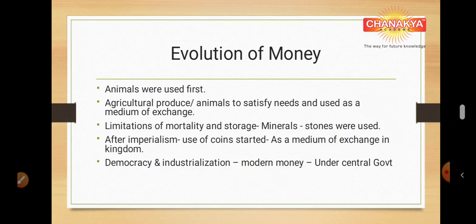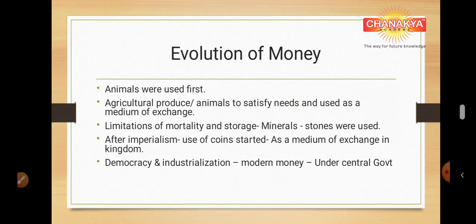So we cannot store these animals for a longer period of time. Then we require things which can be stored for a longer period of time, and there is no question of getting destroyed or waste. So in such a situation, there was the introduction of different minerals and stones.